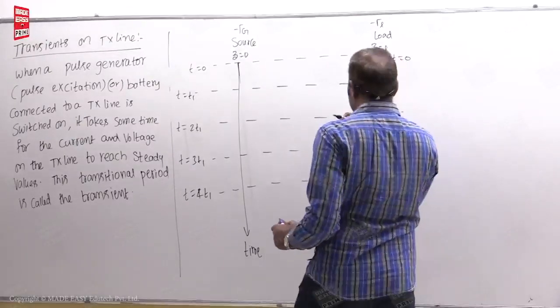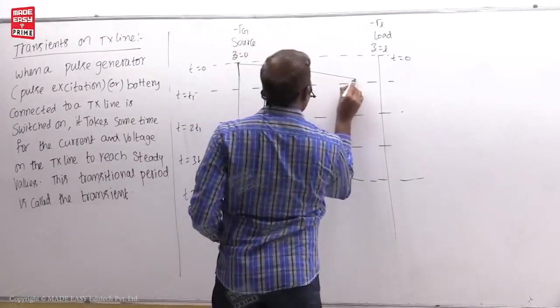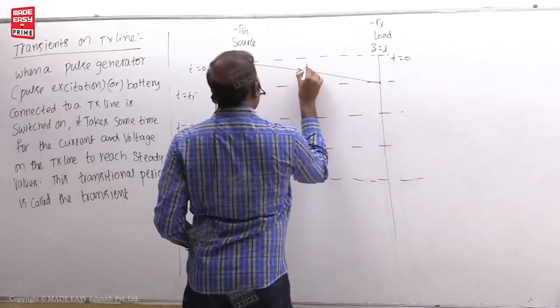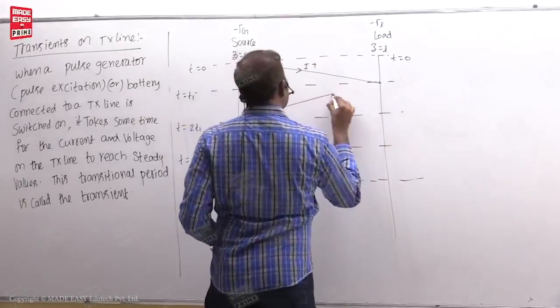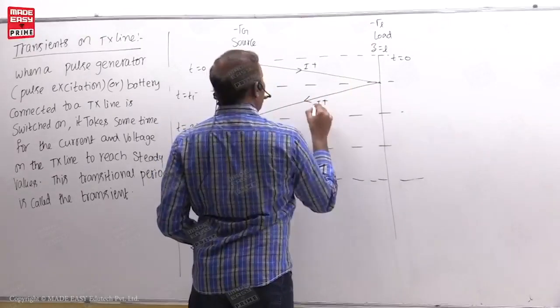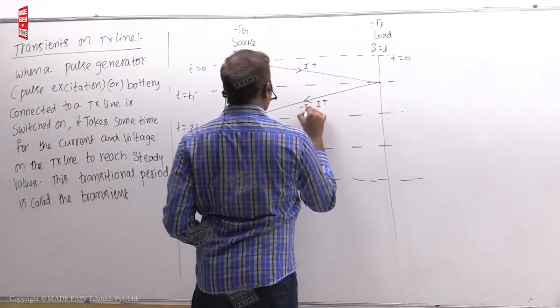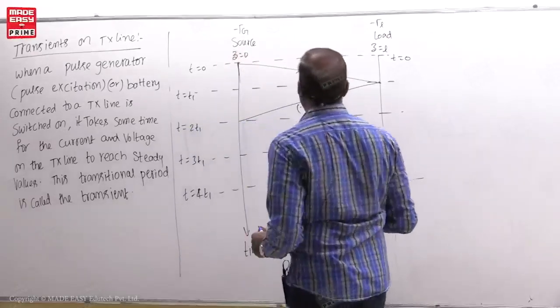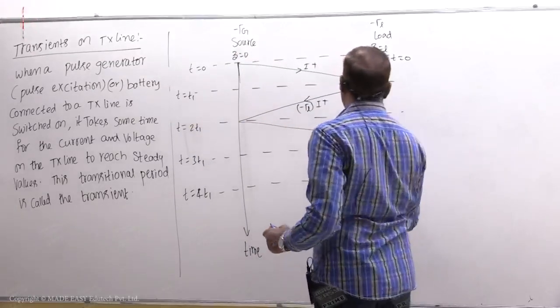Now at the beginning, the current I plus comes here. Then how much is reflected? I plus multiplied with minus gamma L. Then here again it is reflected.